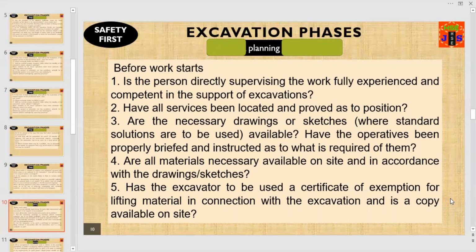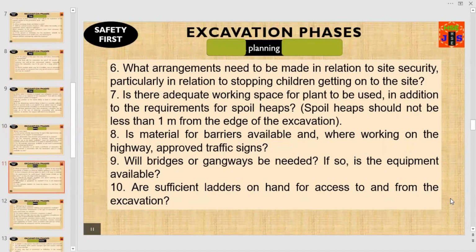Number five, has the excavator to be used a certificate of exemption for lifting material in connection with the excavation, and is a copy available on site? Number six, what arrangements need to be made in relation to site security, particularly in relation to stopping children getting onto the site?